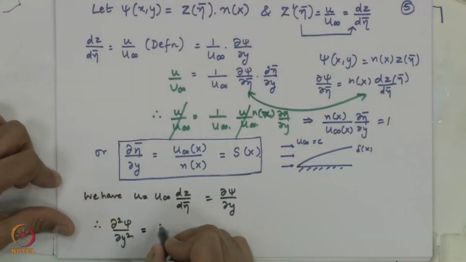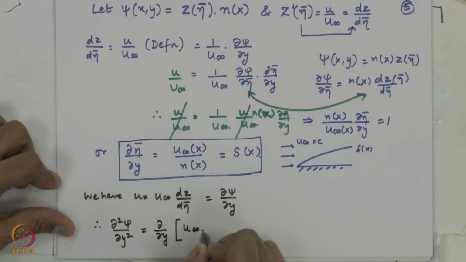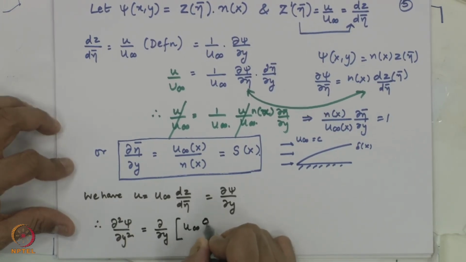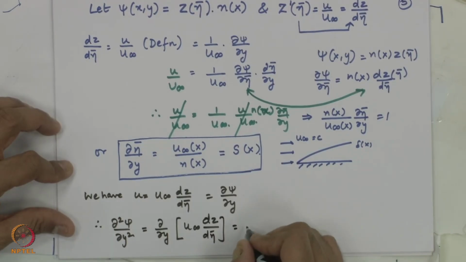d squared psi by dy squared, therefore, is nothing but d by dy of u infinity dz by d eta bar, which is nothing but, I apply, u infinity is not a function of y.